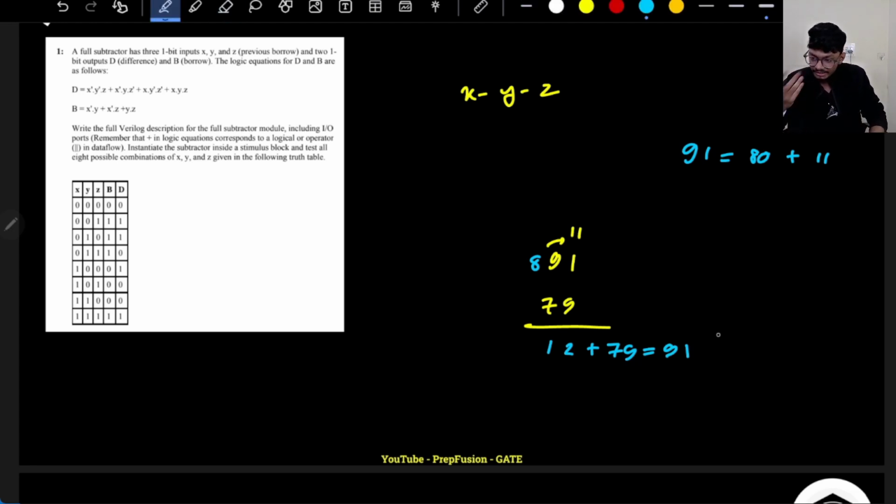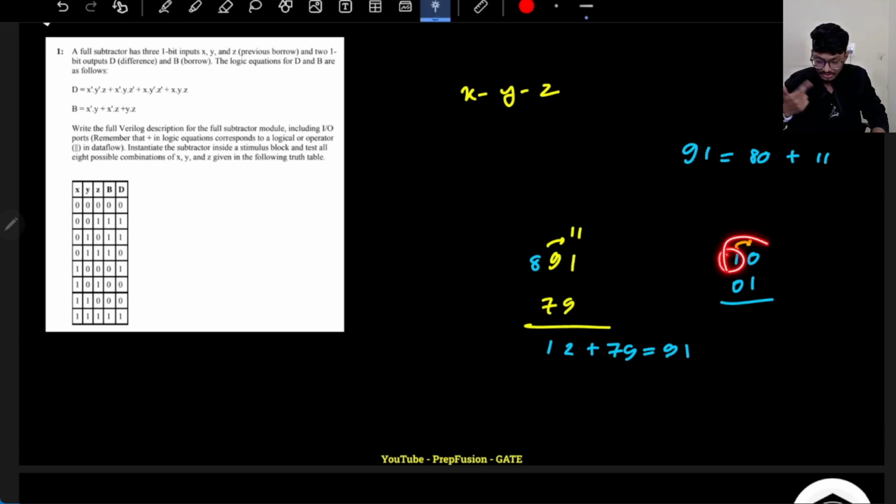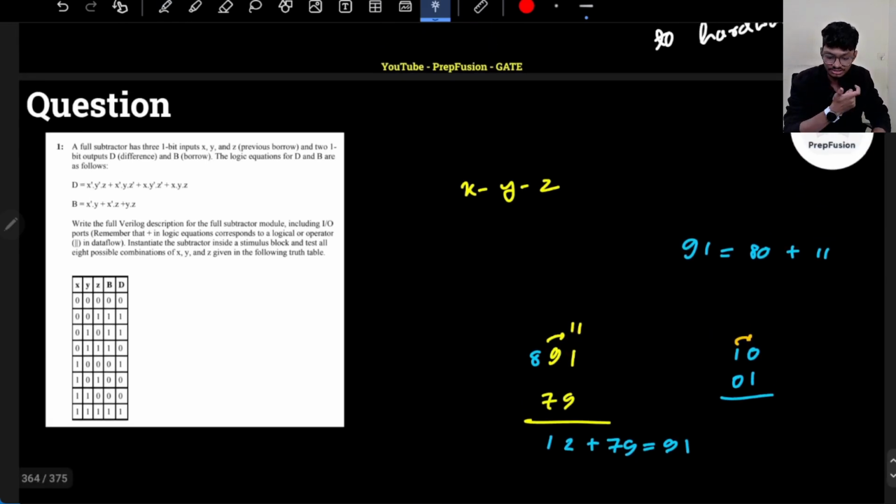Let's try to replicate the same thing in the binary number system. Let's say I have this number, 1 0 minus 0 1. How do I subtract? First I take this 1 here. This MSB is coming here. Once this 1 came here, its weightage in the next bit is its base. In the decimal system it was 10.